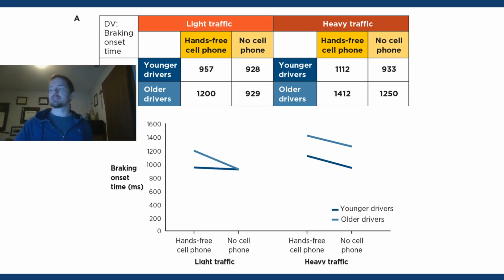And seeing how whenever there's light traffic, there's basically no difference between age groups. Those differences only occur whenever people are in heavy traffic or whenever they are using a cell phone in light traffic.